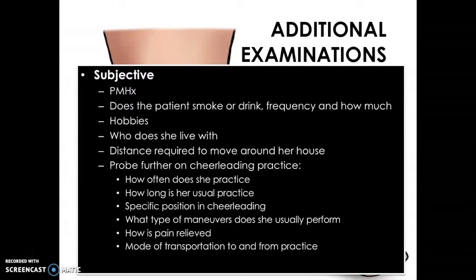The patient's hobbies, who does she live with, the distance required to move around her house, such as room to kitchen, room to restroom, room to stairs, and so on. And also probe further on cheerleading practice: how often does she practice, how long is her usual practice, specific position in cheerleading, what type of maneuvers does she usually perform, how is pain relieved, and mode of transportation to and from practice.